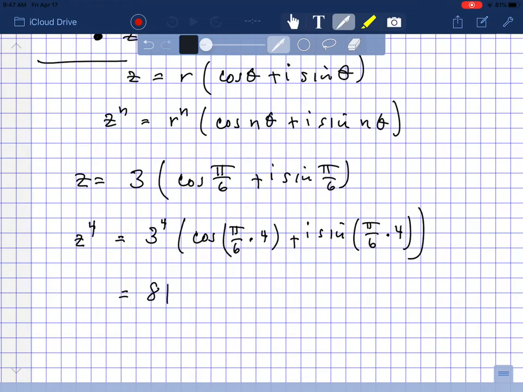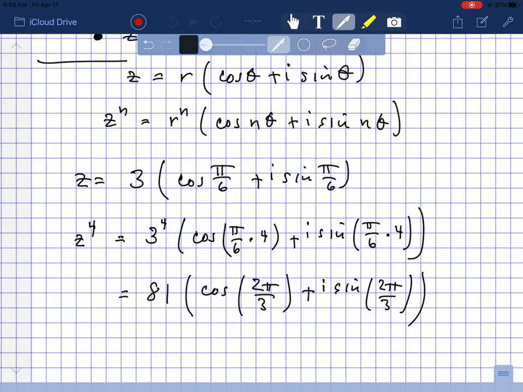So this would be 81 times the cosine of 2 pi divided by 3 plus i times the sine of 2 pi divided by 3. So this gives me a polar representation of z to the 4th power.